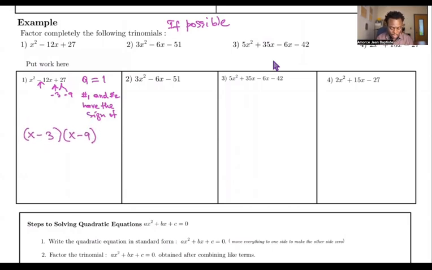Let's see this one here. This one, A is not 1. But one thing you need to check, if A is not 1, is whether or not A is the GCF, the greatest common factor of the terms. If it is, then you need to factor it out. So let me factor 3 out. A is not 1, but it is the GCF of the terms.